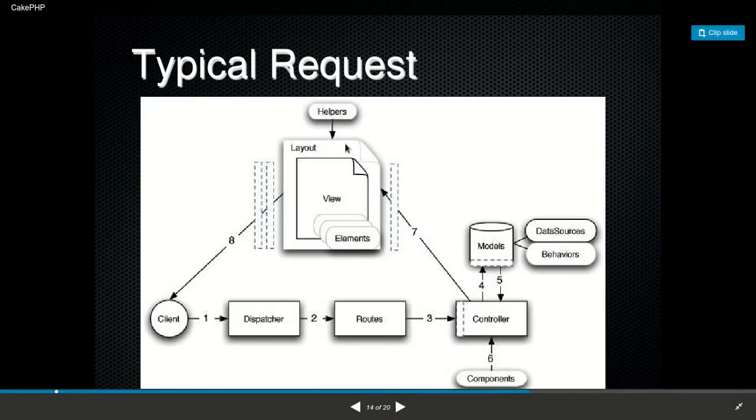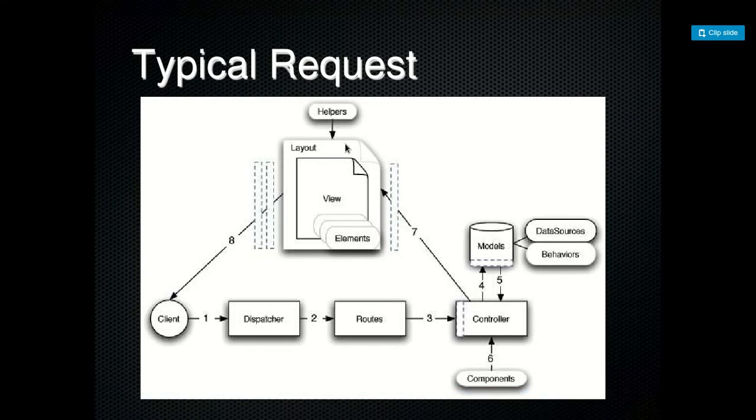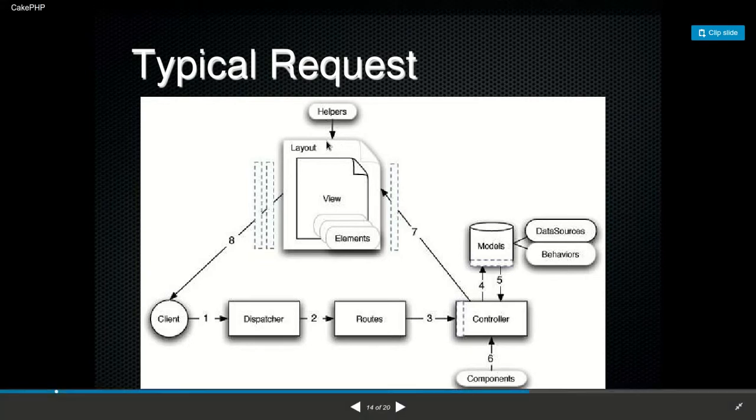This is the layout of a typical request that is processed in a CakePHP application. This part we are seeing here is the view. The user will interact with the view, and the rest of the code will be behind the application. When a user or a client makes a request, you can see here the client, dispatcher, routes, controller. The client will make a request to the controller.